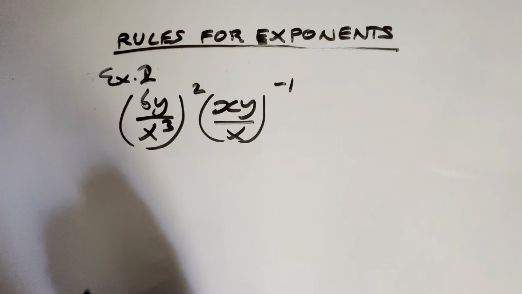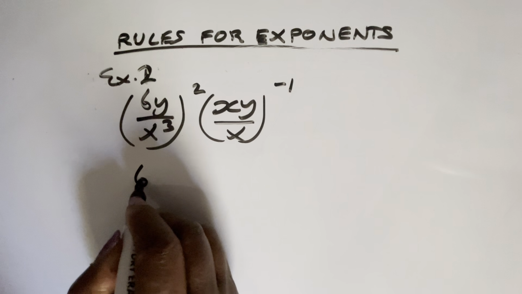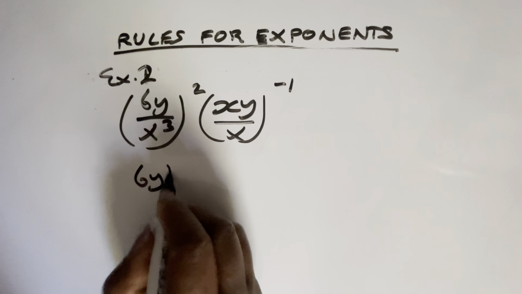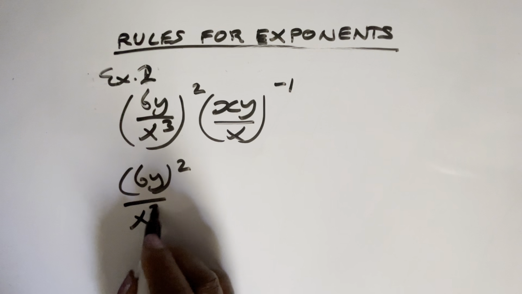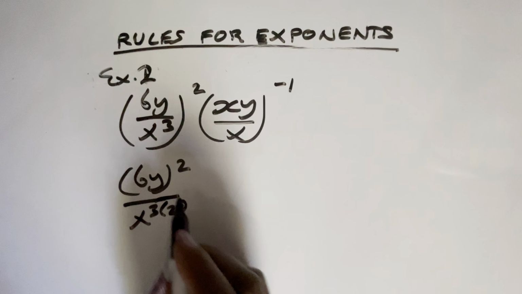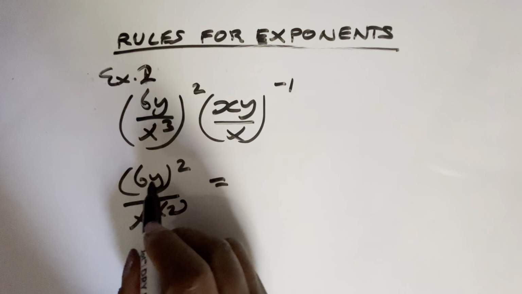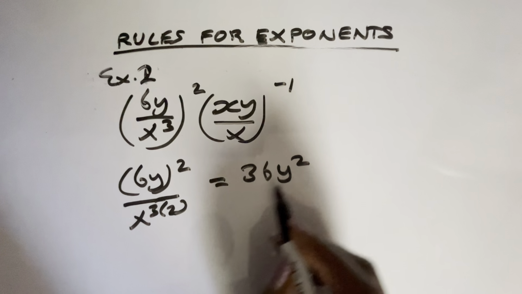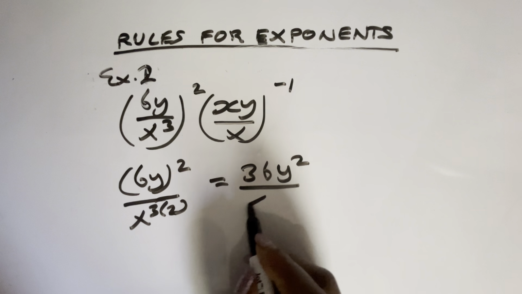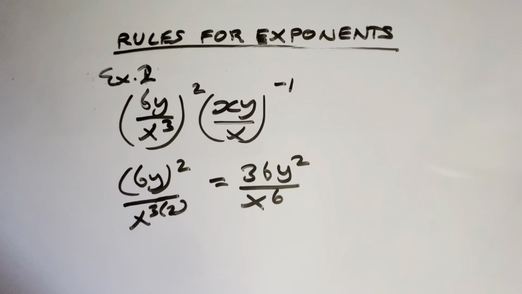First, we're going to simplify the first expression. 6y squared over x cubed times 2 is going to give us 6 squared is 36 y squared over x, 3 times 2 is 6. Then we're going to simplify the second expression.